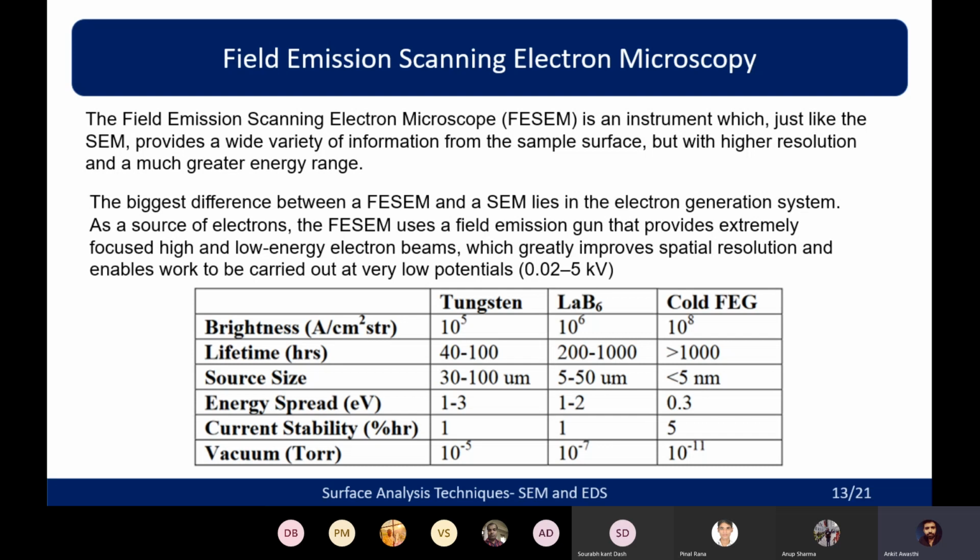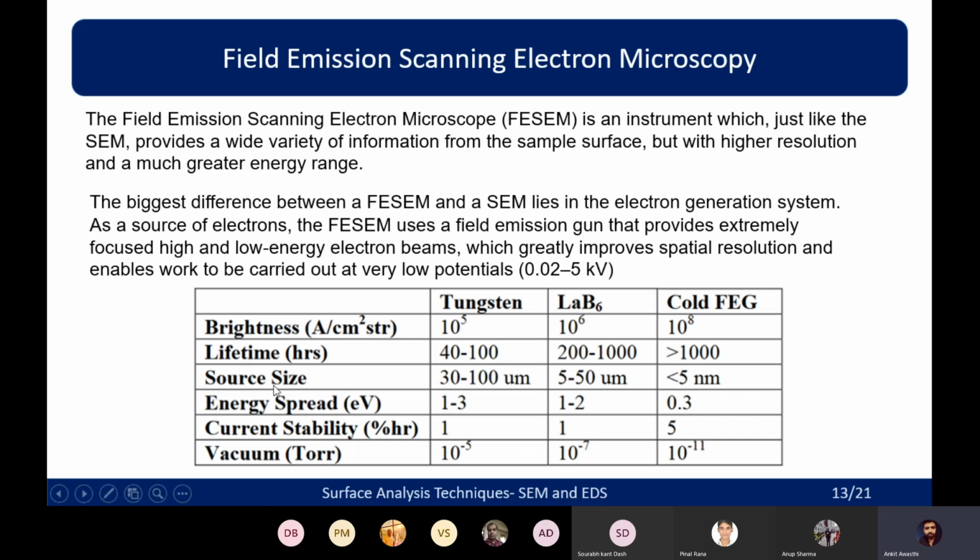The beam is very narrow in the case of FEG SEM. That's why we get very good resolution of images, and the image quality is very awesome. And as I already told, it is also capable of working at a very low potential. But you are getting all the good things, and here comes the catch: the cost of this FEG SEM is almost 2 to 3 times that of the ESEM or the normal SEM.